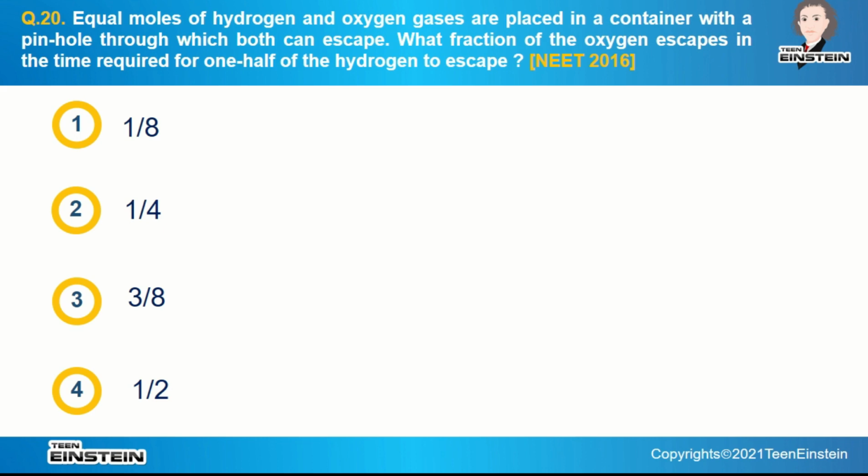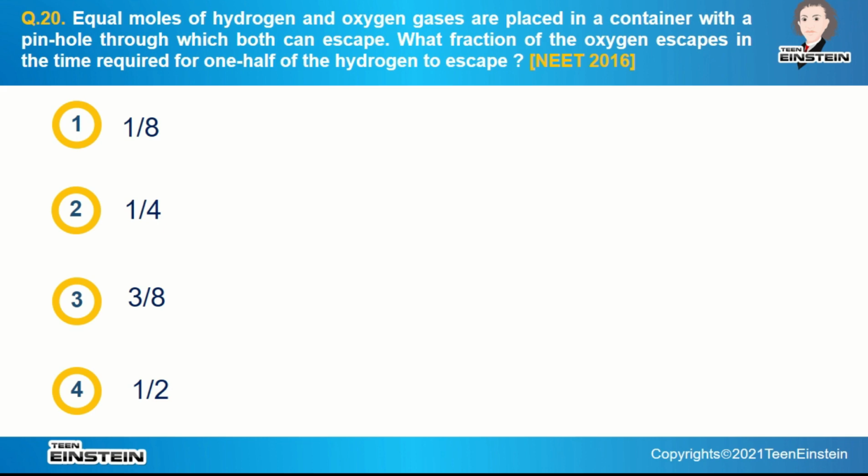Equal moles of hydrogen and oxygen gases are placed in a container with a pinhole through which both can escape. What fraction of the oxygen escapes in the time required for 1/2 of the hydrogen to escape?